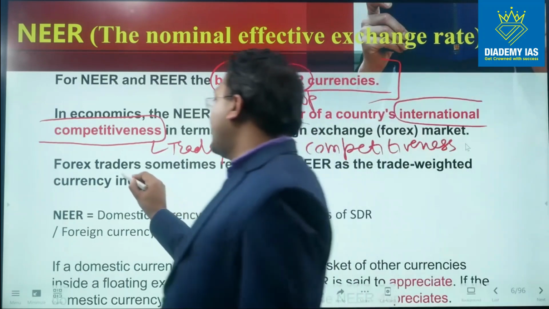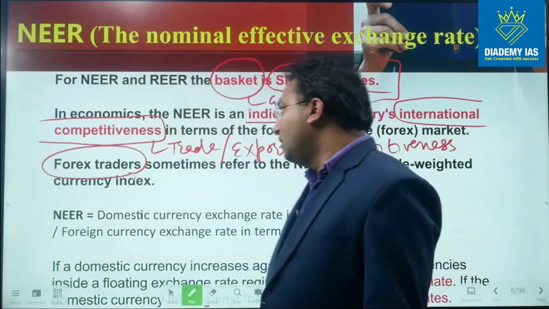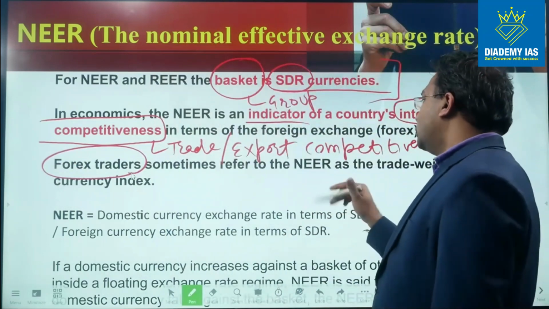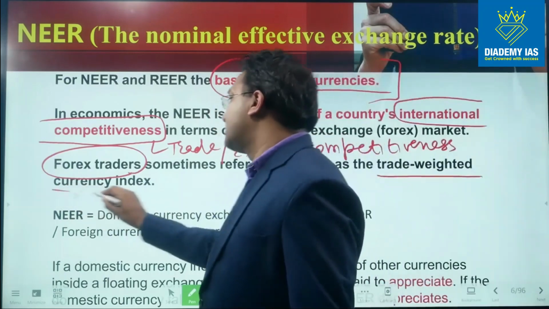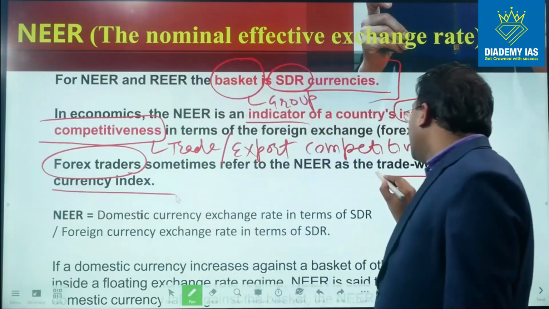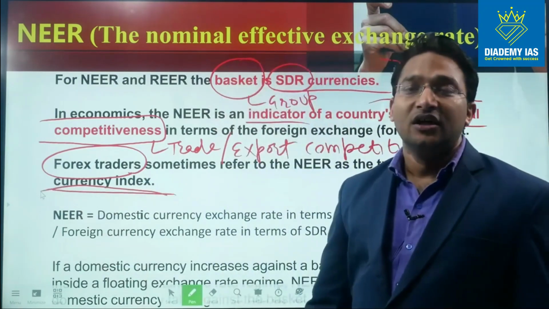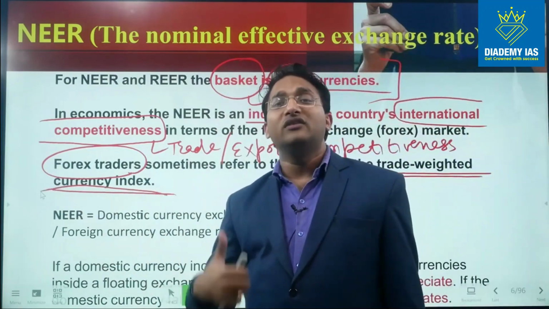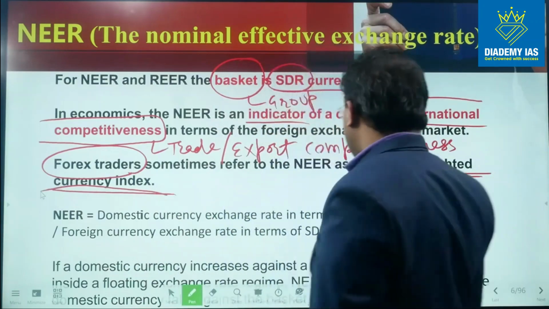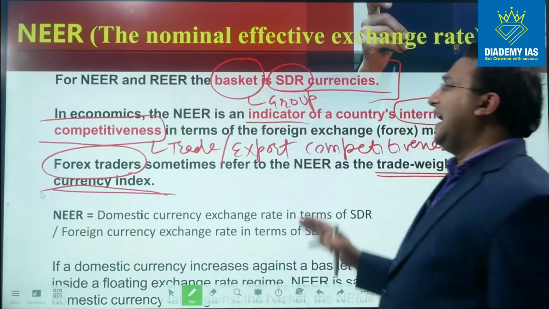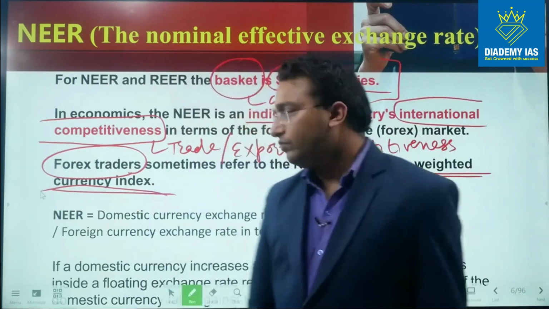Forex traders, meaning the traders who are working in the foreign exchange market, sometimes refer to NEER as the trade weighted currency index. So if you hear the term trade weighted currency index, this is nothing but the NEER. This is the alternative name given to the NEER. So in the prelims examination, if you find trade weighted currency index, just understand that this means NEER.